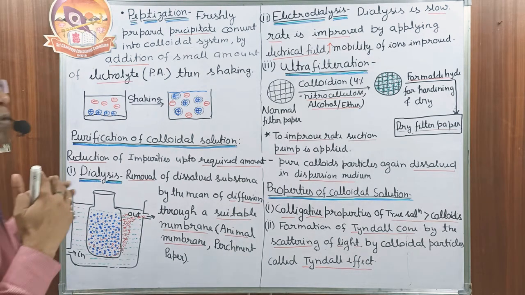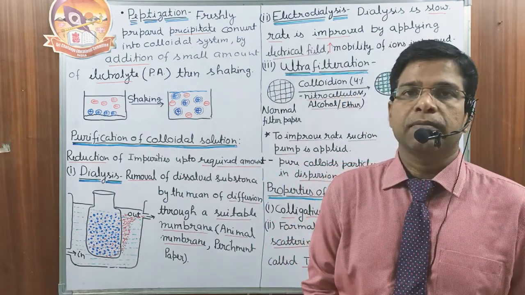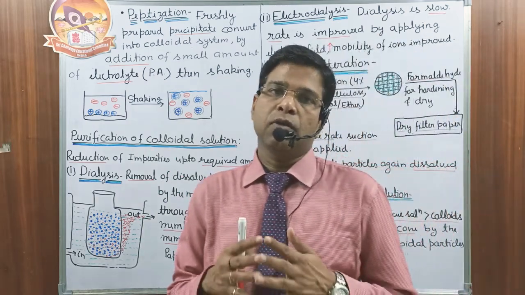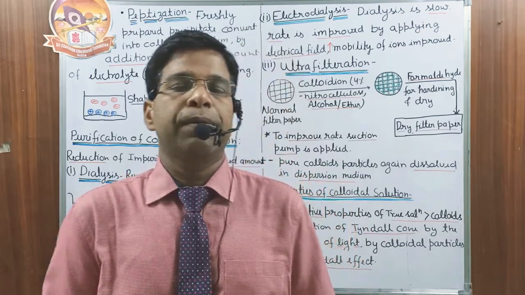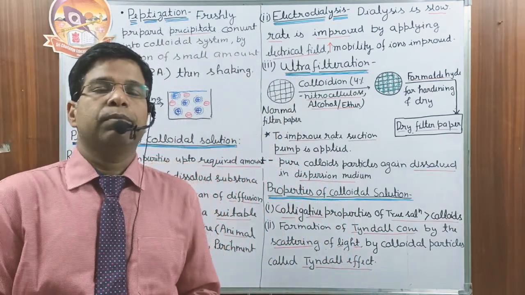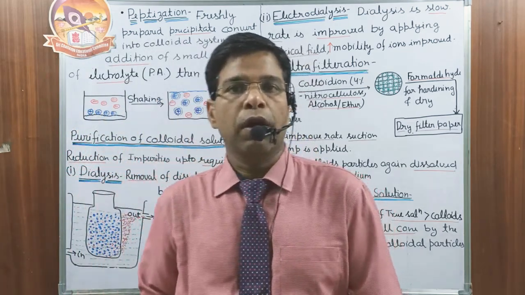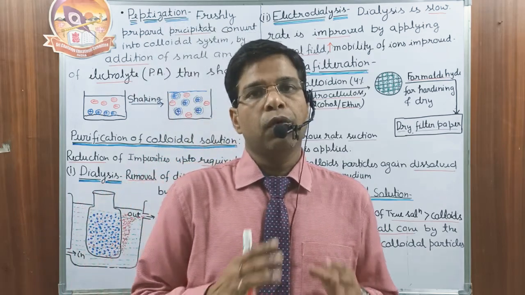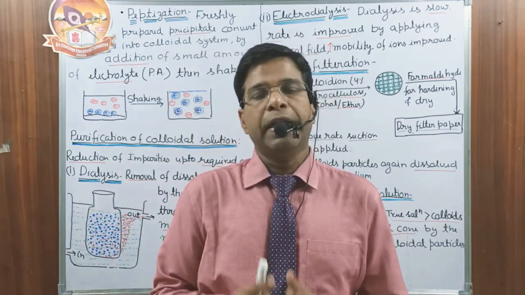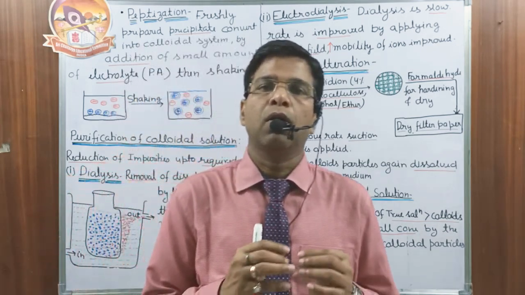Okay, this method can provide the colloidal system, but the colloidal system is not very pure. It contains a large amount of impurity, mainly the impurity of the electrolyte. If the electrolyte remains in the solution for a longer time, it can cause coagulation. So we want to remove these impurities, and this removal method is called the purification of the colloidal system.